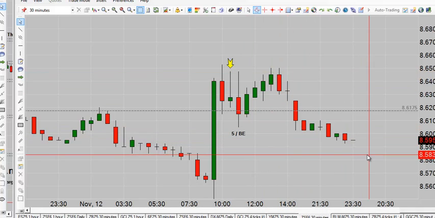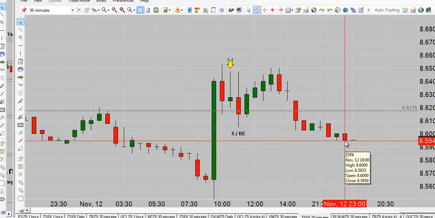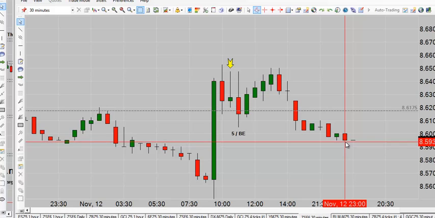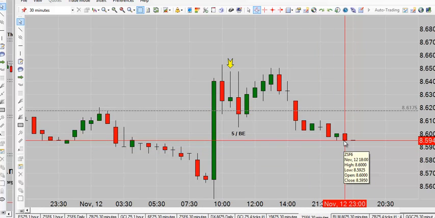On the second trigger, we put in a swing low down at 859 and a quarter. Is that right? So let me do the calculator business. 861.75 minus 859 and a quarter.